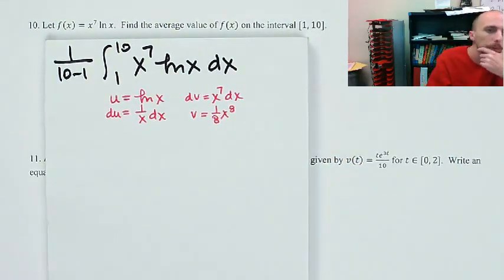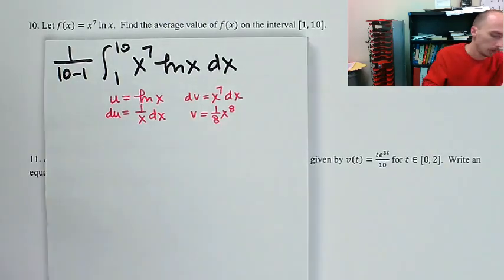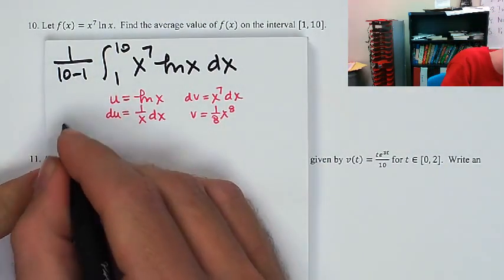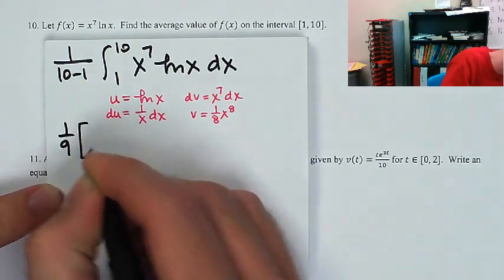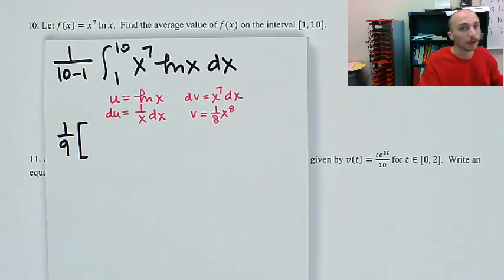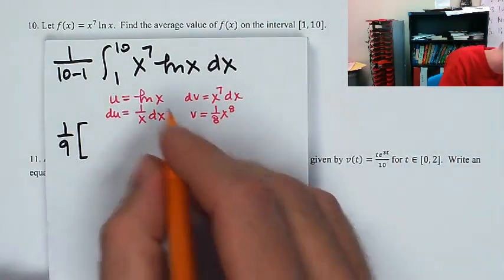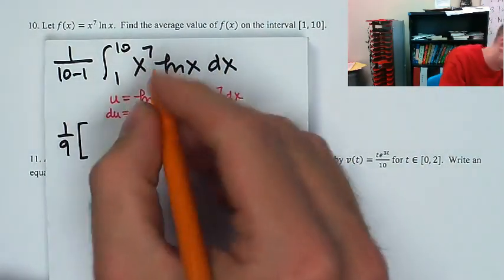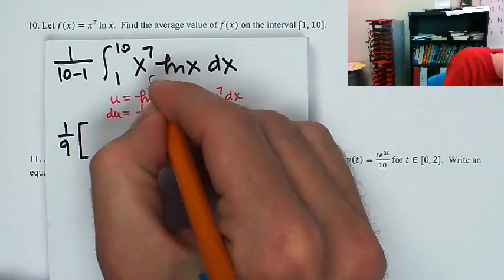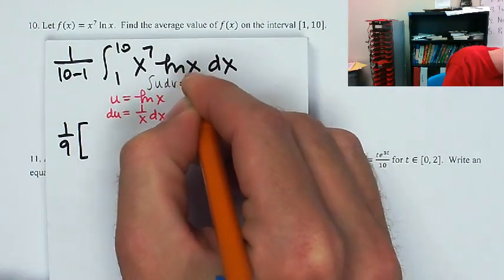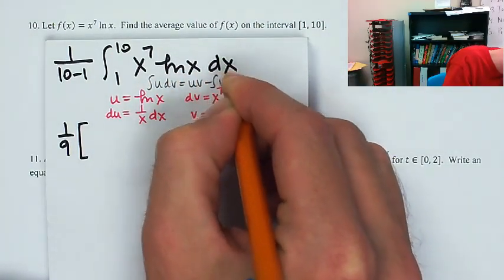and then I'm going to say this is equal to 1/9 of, I know I've said it a bunch of times on this video, but I'm going to say it once more, that the integral of u dv, I don't have anywhere to put it, but I'm squeezing it right here, equals u times v minus the integral of v du.